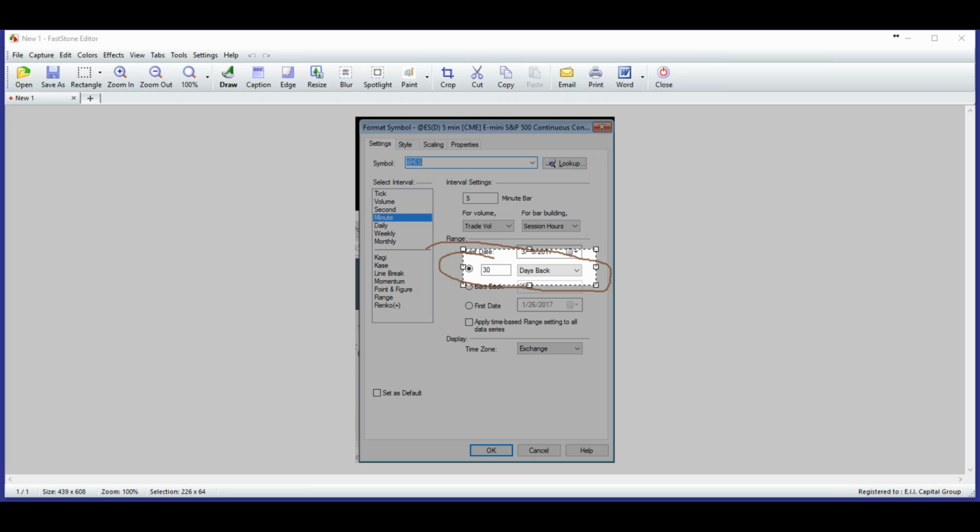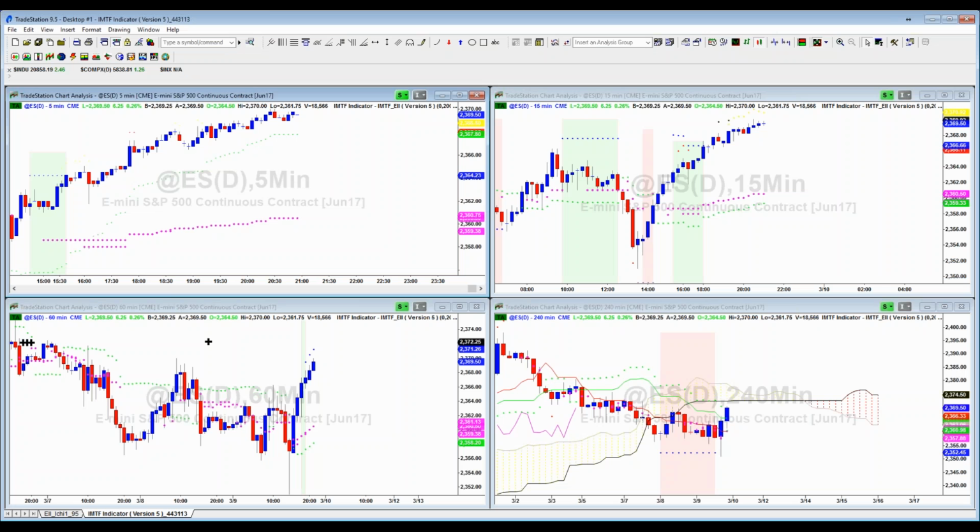Okay, now let me do this. I know this is a little tedious, just bear with me. I'm going for these screenshots. I want to make sure this is there. Now what I'm going to do is format the indicator and show you all the parameters that are there.